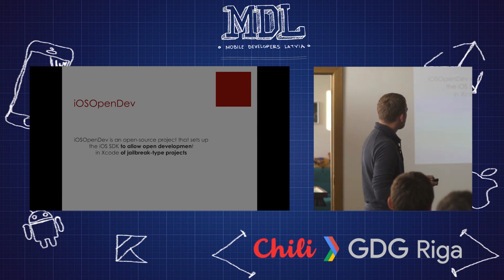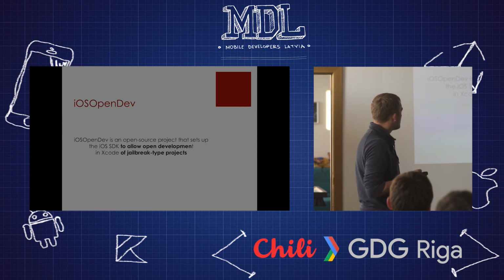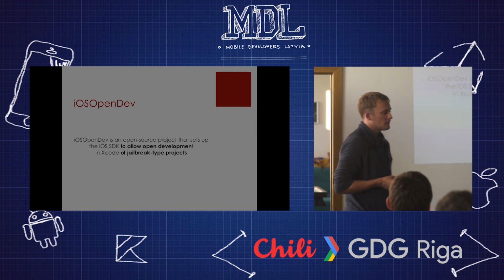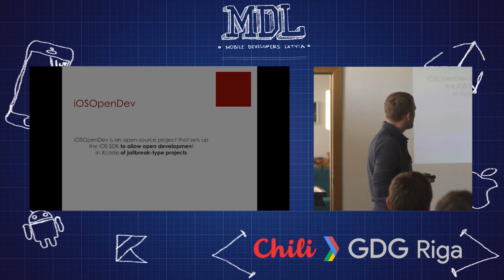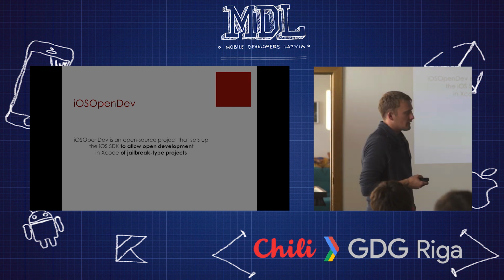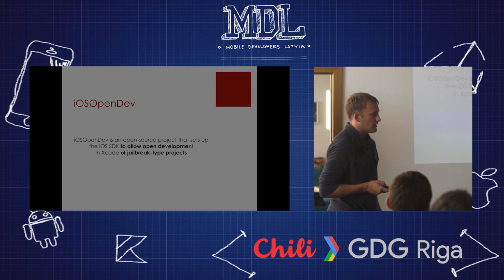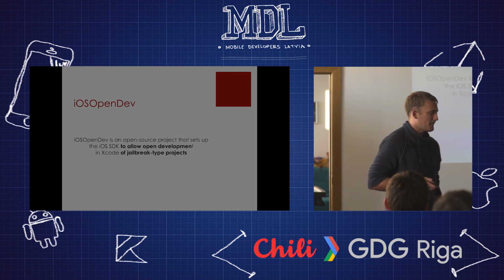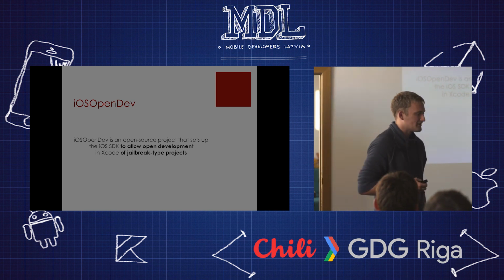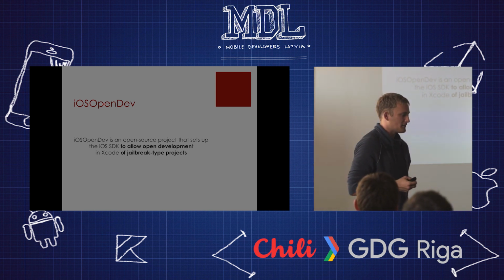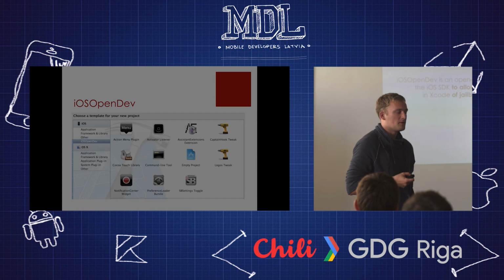It's for open source project development. It allows you to develop applications for jailbroken markets like Cydia, and it can be quite interesting to step out of the App Store and do other stuff which your devices are capable of doing, but are restricted by Apple, right?